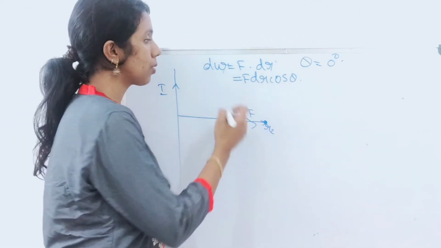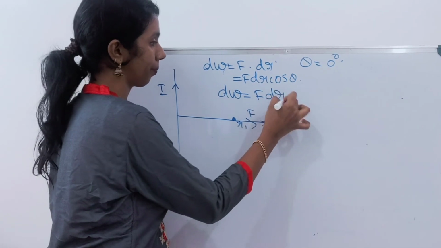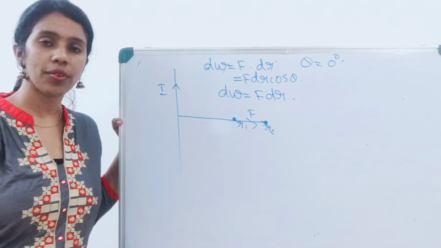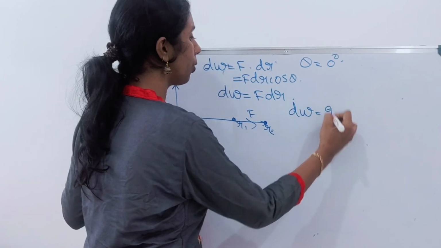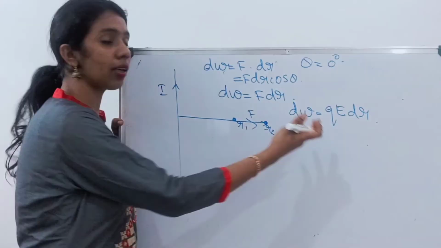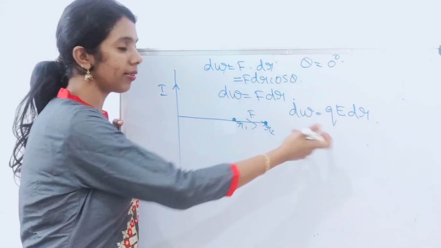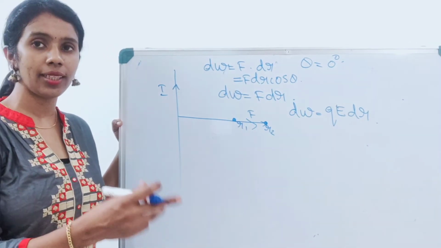So cos 0 is 1, so dW is equal to F dr. The force F can be written as Q into E, so dW is equal to Q E dr.